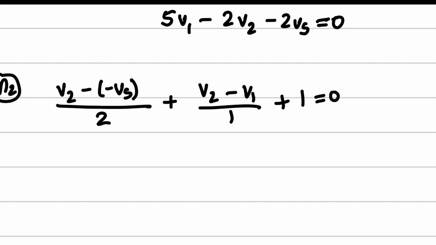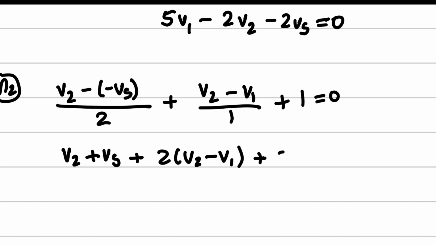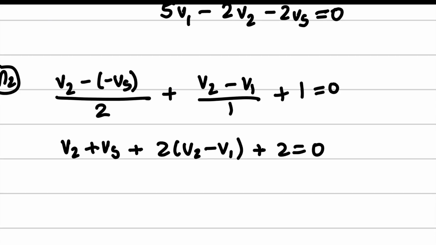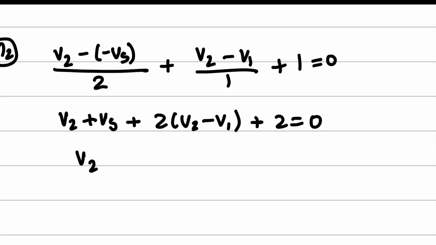And then once again, we're going to do the common denominator, and we're going to multiply everything by 2. So V2 plus Vs plus 2V2 minus V1 plus 2 equals 0. We get V2 plus Vs plus 2V2 minus 2V1 plus 2 equals 0.